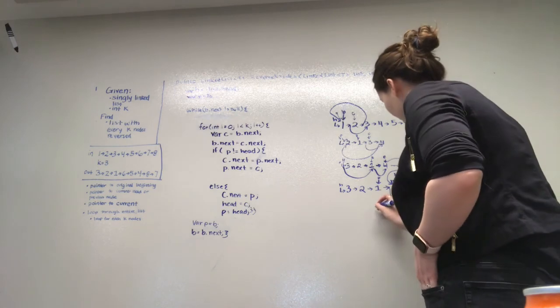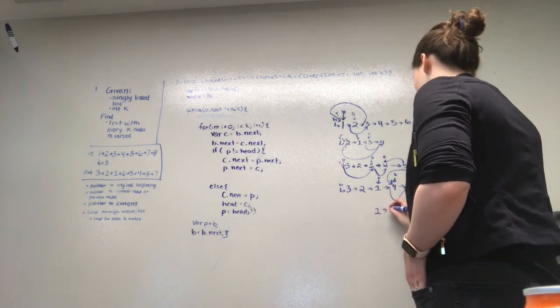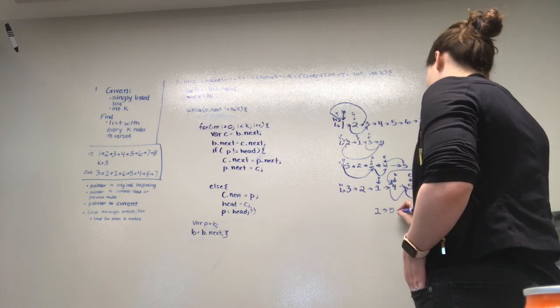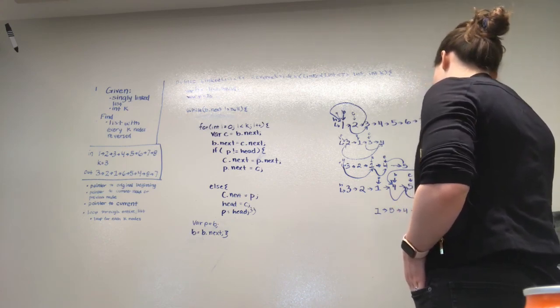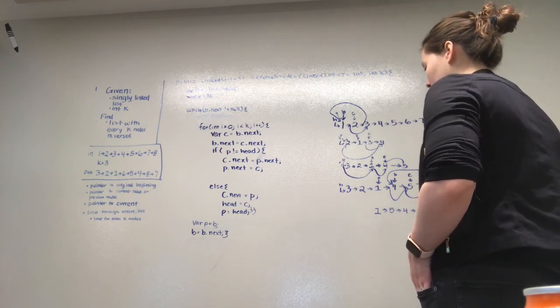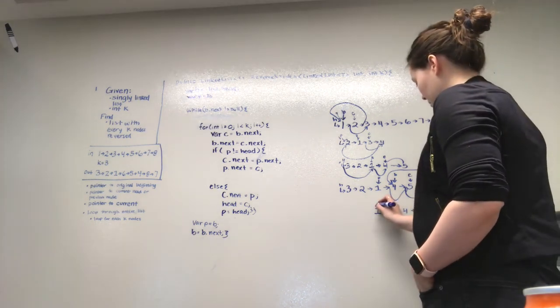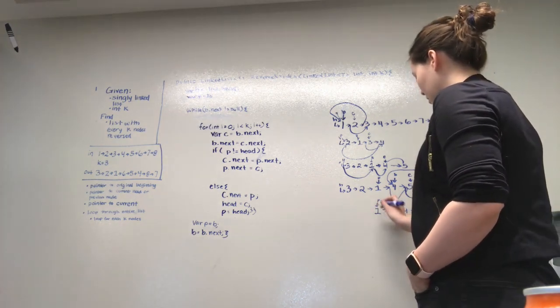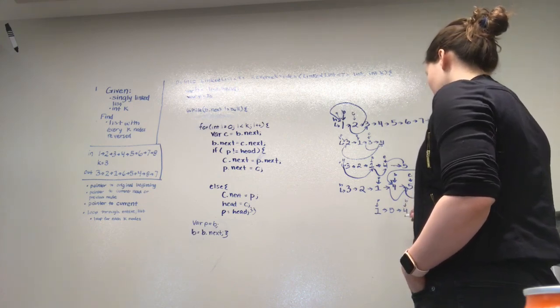So now we have 1 points to 5, points to 4, 6, 7. P stays here, B stays with 4.